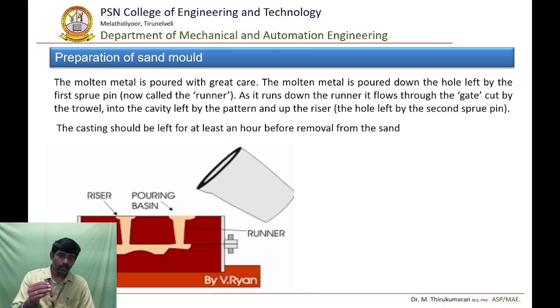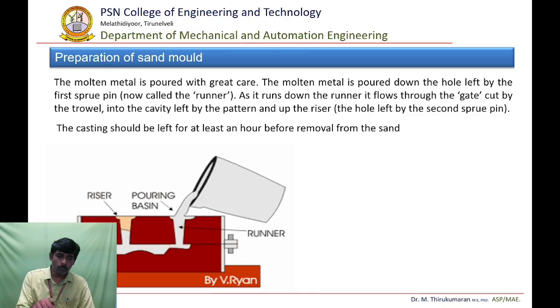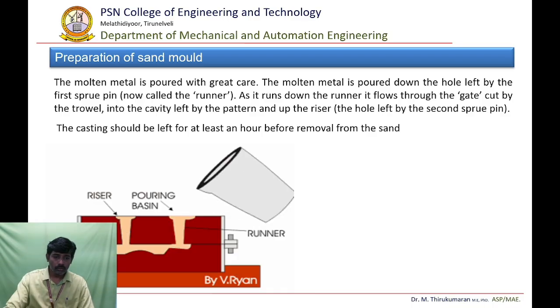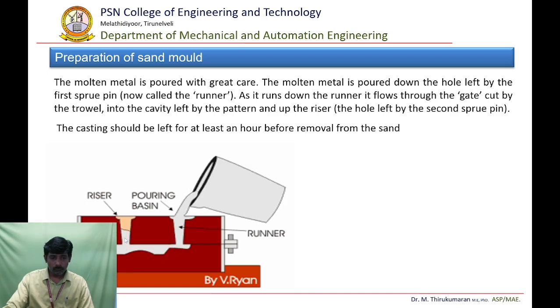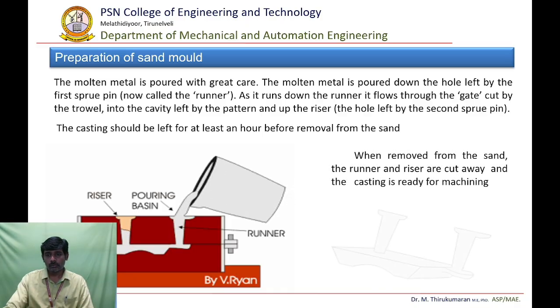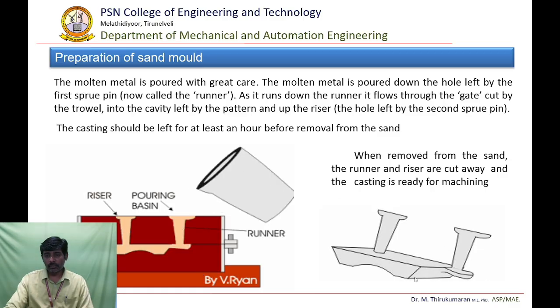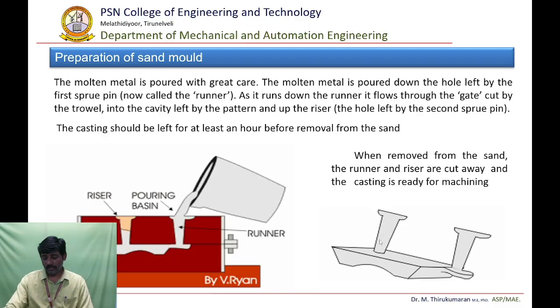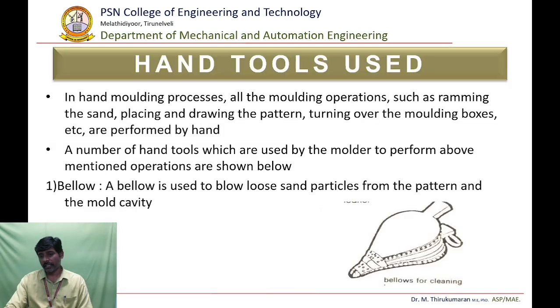So while we are applying the molten material through the pouring basin, and the molten material has filled, it automatically flows through the risers. So this is the final product of our molten material. So once solidification is over, the pouring basin and the risers, this external part, the excess material, is going to be removed by grinding machines.